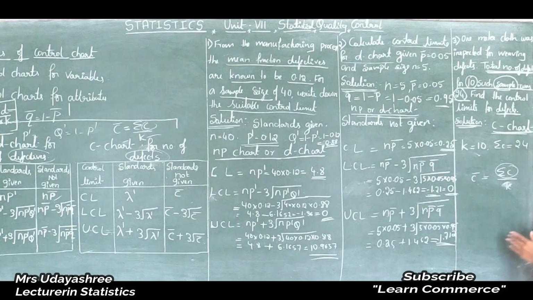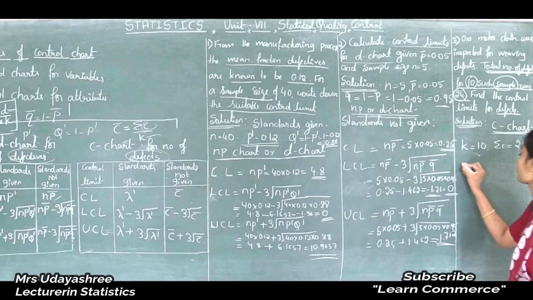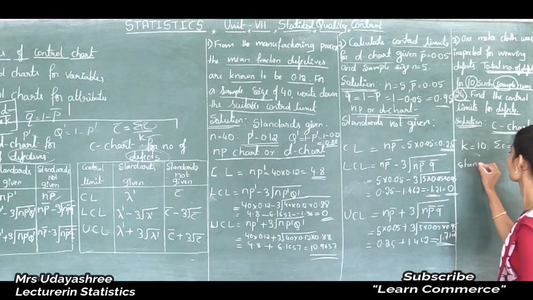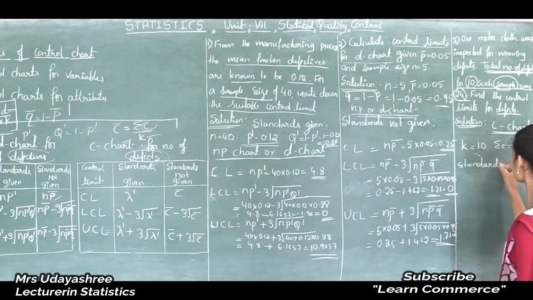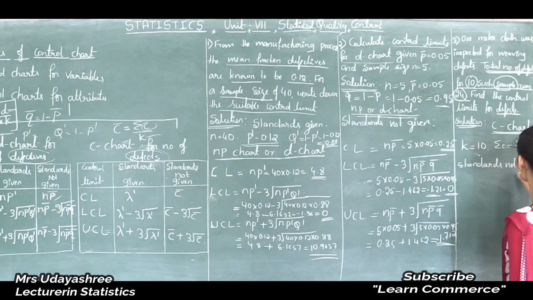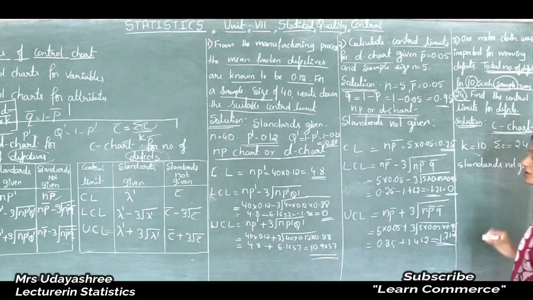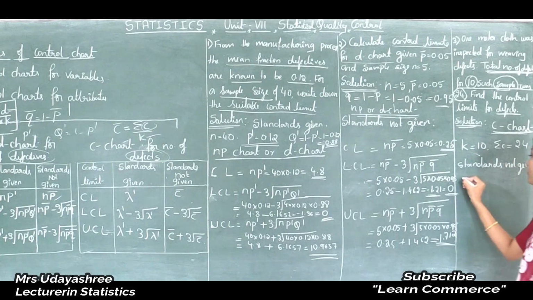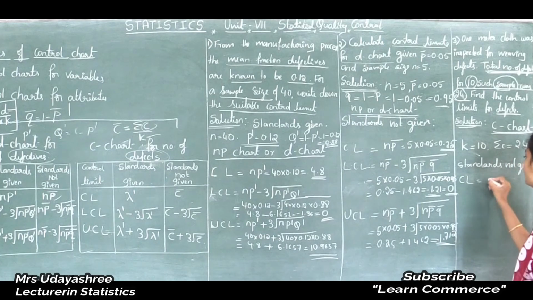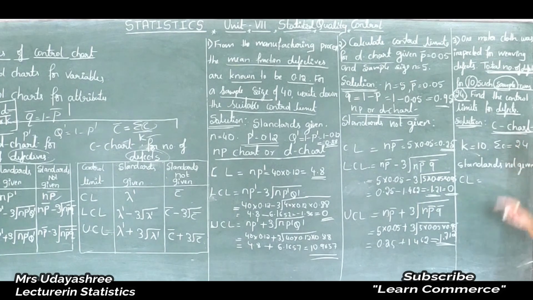So if summation C is given, this is the standards not given case. See how to find the control limits. The formula for the C chart in standards not given is C bar. So how to find C bar?